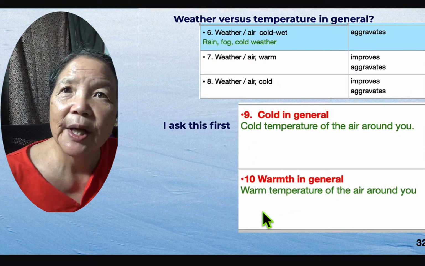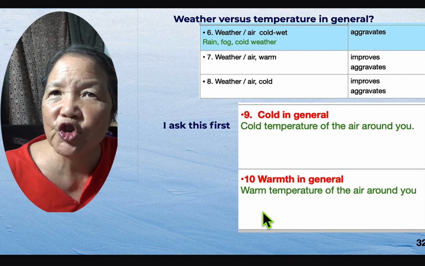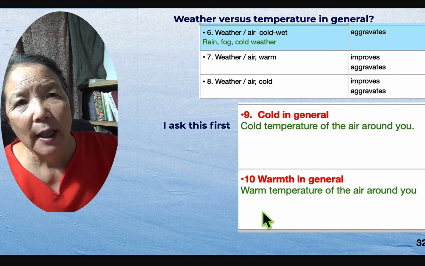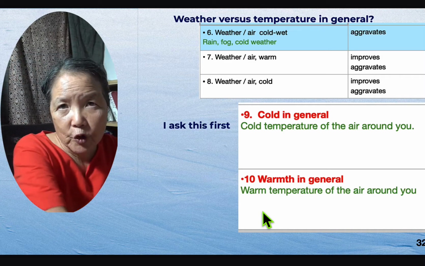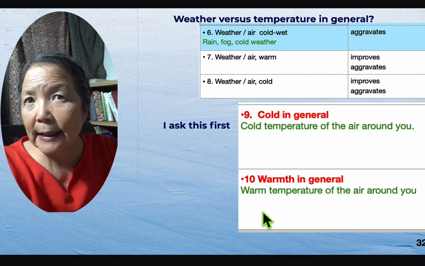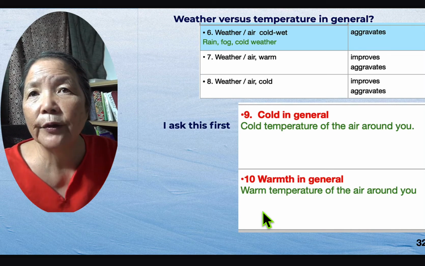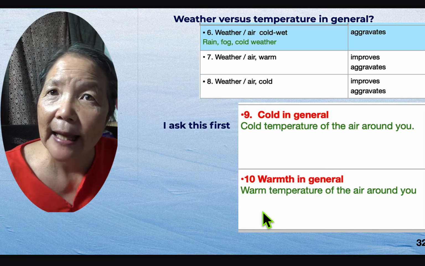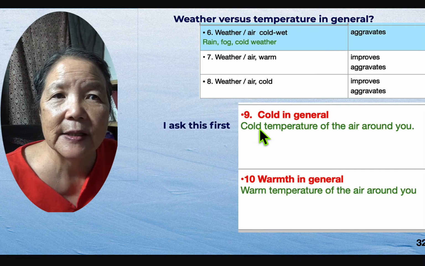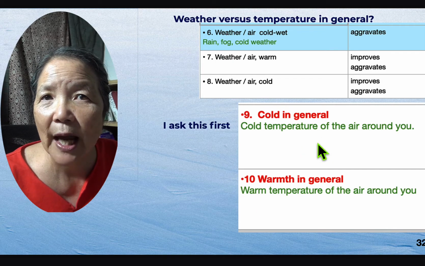When I do an interview, often the most general question is the easiest way to start, and it's not necessarily the first one that's in the list. So I eyeball the list and I go to the general one first, and then fill out the rest of the list as the conversation develops. So in this case, cold in general is easy to ask.